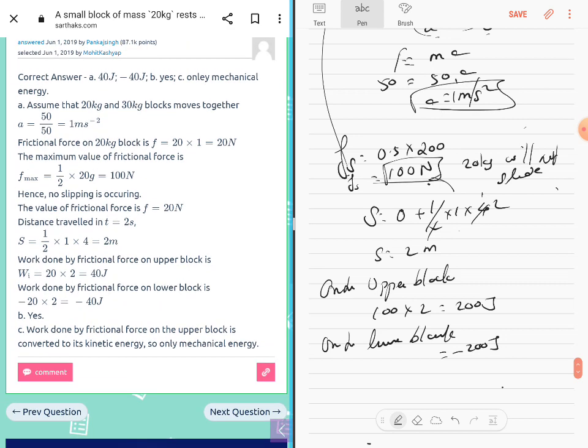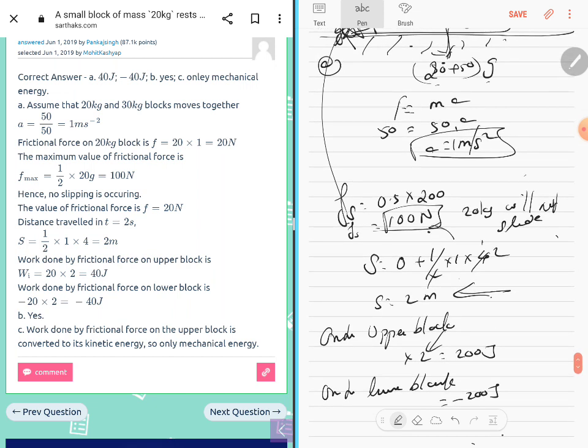No, what is the mistake? We found that it's 2 meters. Till here it's correct. So the distance is 2, and you have to find the frictional force which exists. What will be the frictional force, which is the static friction that exists between the two?